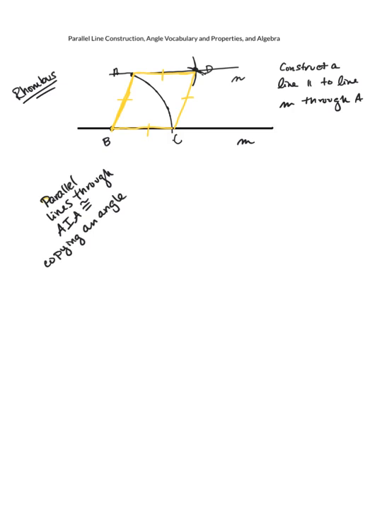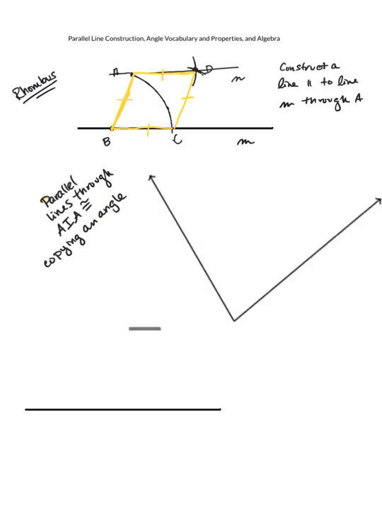So before I can do this construction, I need to show you how to copy an angle. Okay, kids. So the first step to copying an angle is you go to the vertex of the angle that you want to copy, and you make an arc, any arc you want, okay, that intersects both sides of your angle.